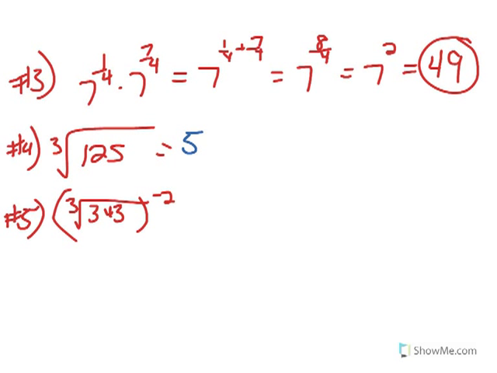Therefore, the cubed root of 343 is 7. So this now is 7 to the negative 2. I don't like the negative exponent. I mean, who would? To change it, reciprocate 7, 1/7, and the exponent then changes sign, so now it's positive. 7 squared is 49. So this is 1/49.